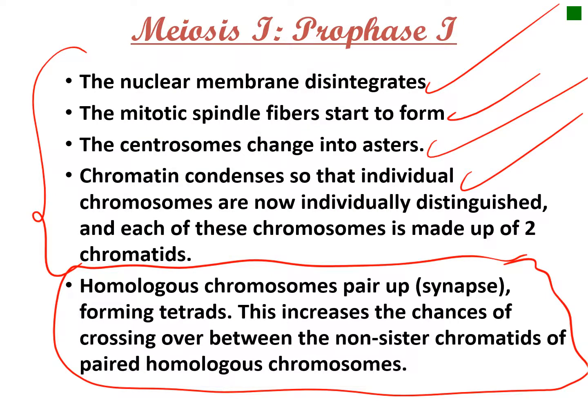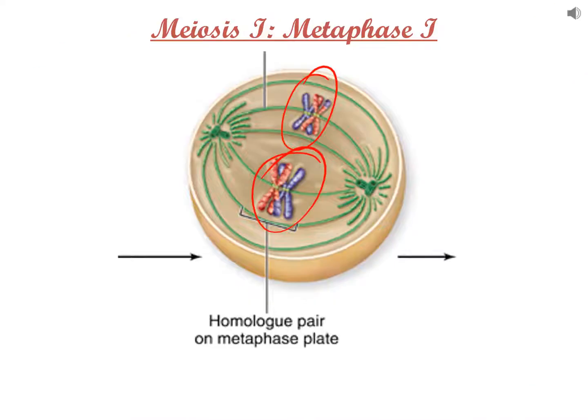Spindle fibers start to form, the same as mitosis. Centrosomes change into asters, the same as mitosis. Chromosomes condense so that each chromosome is made up of two distinct chromatids. All of them are similar to mitosis, but here we have the difference. Homologous chromosomes pair up, they synapse, forming what's known as tetrads. This will increase the chance of crossing over. Here are the tetrads.